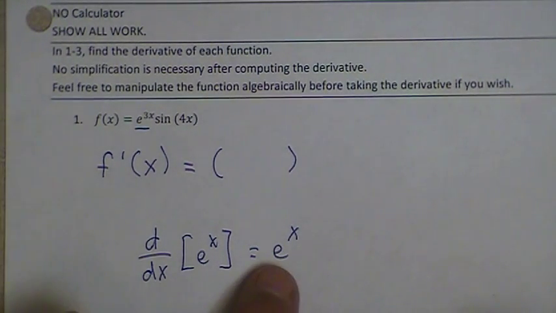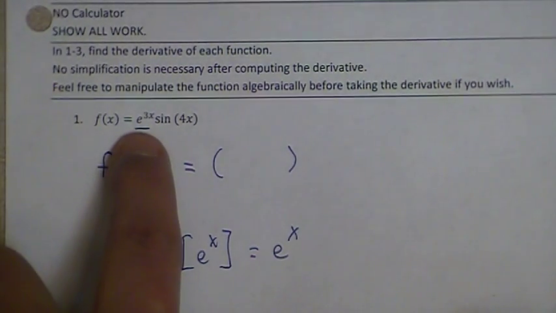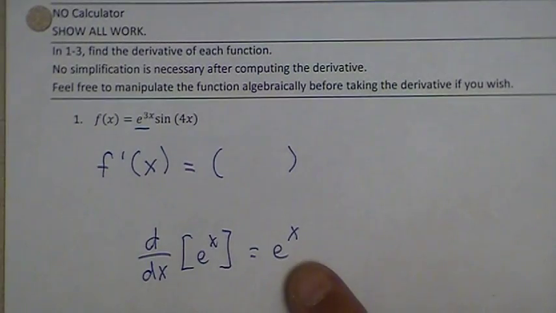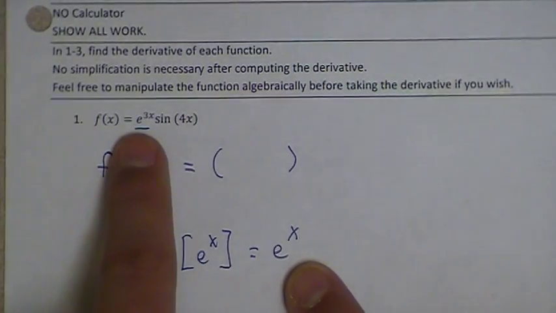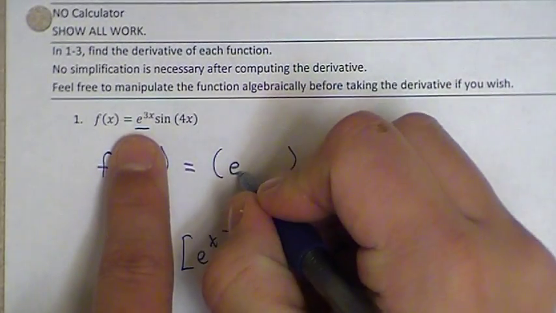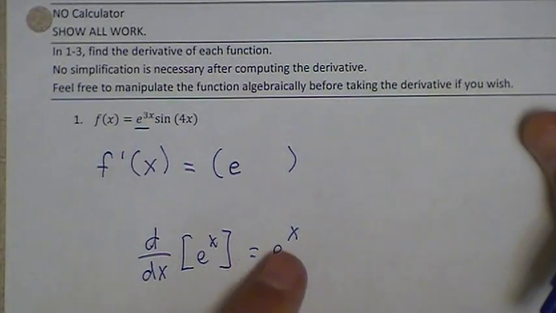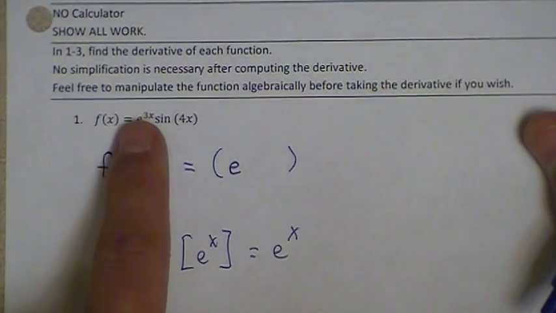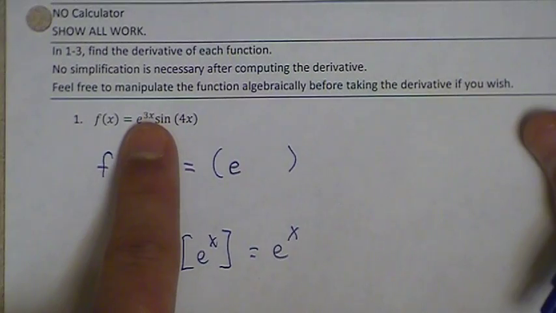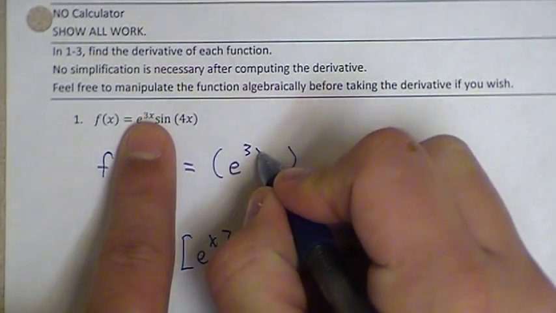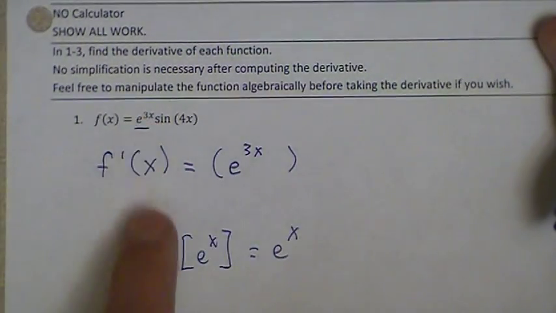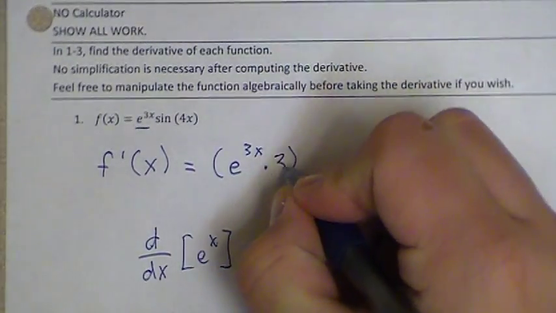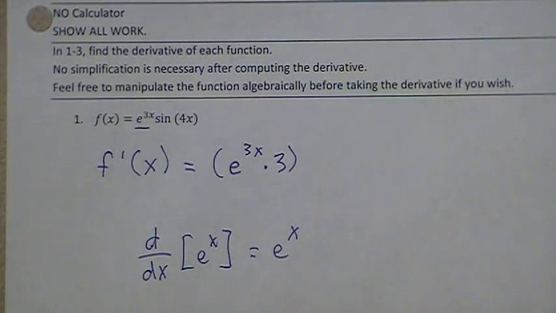So I can't apply this formula directly in order to take this derivative, but what I can say is 3x is an inner function, and I can use this derivative formula and say that the derivative of my outer function, using the chain rule, would be e to the normally x, but I'm using this with the chain rule, so I'm going to put the inner function right there. So my inner function would be 3x, and then I'm going to finish the chain rule by multiplying by the derivative of the inner function, which would just be multiplying by 3.